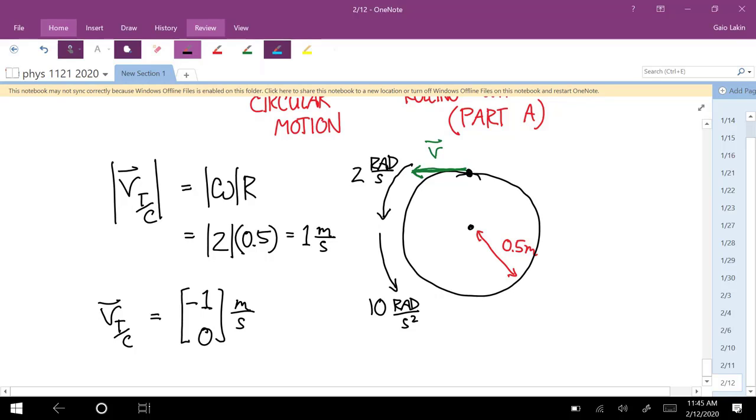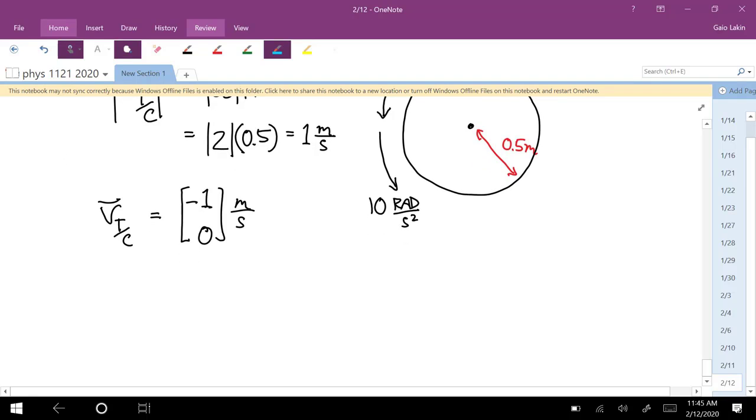Okay. And now put it together, the relative motion equation says the velocity of t relative to the ground is equal to the velocity of t relative to the center plus the velocity of the center relative to the ground.